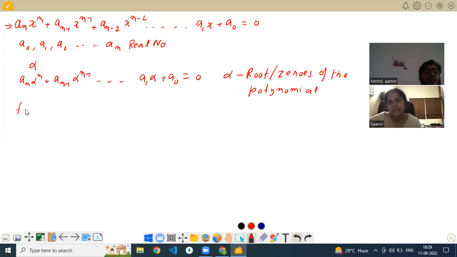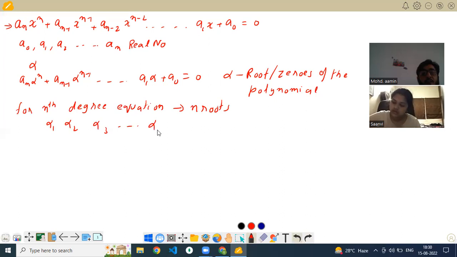And this is an nth degree equation. For an nth degree equation, we will have n roots. If I call those n roots alpha 1, alpha 2, alpha 3, alpha n, those roots can be real as well as complex.